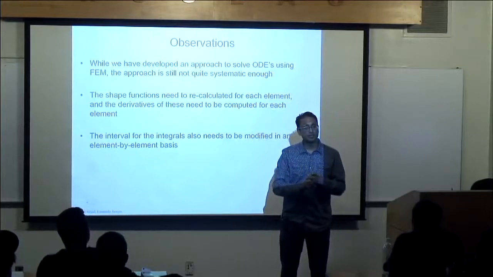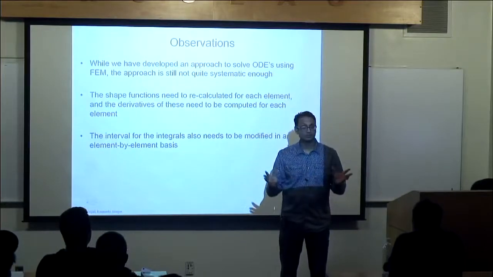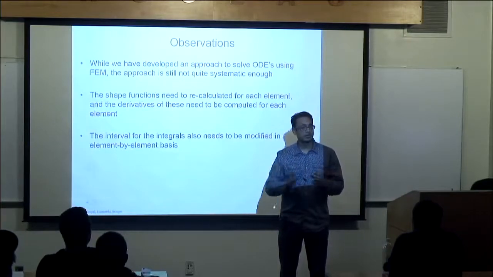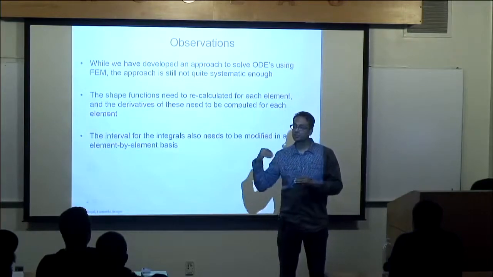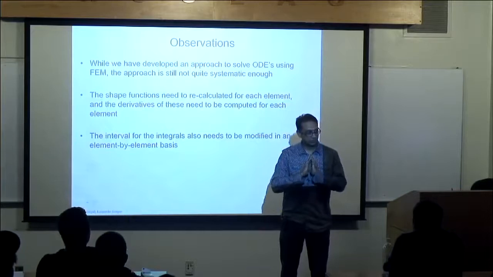If I can make my integrals go from, say, 0 to 1 for every single one of them, that'll be awesome. Because then everything is consistent. And that approach is getting me now closer to a more systematic approach, an approach that I can code up or, you know, quickly execute with no issues.